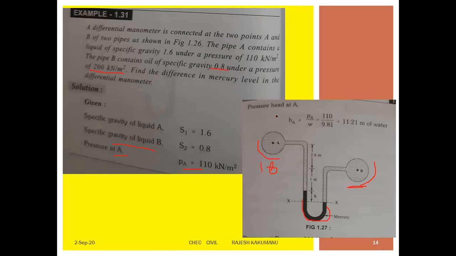Now if you take the pressure head at A, HA is PA by W, that is 110 by 9.81, which is equal to 11.21 meters of water.